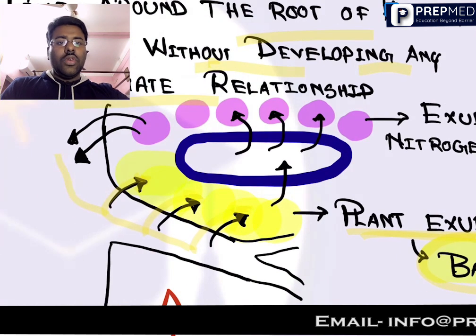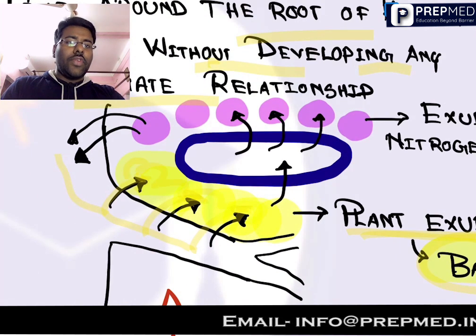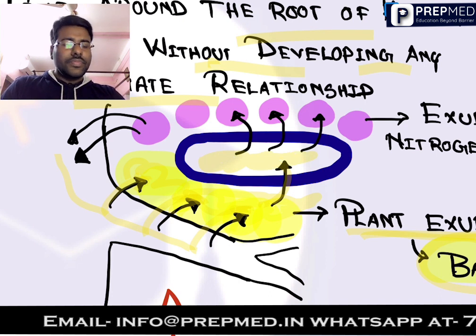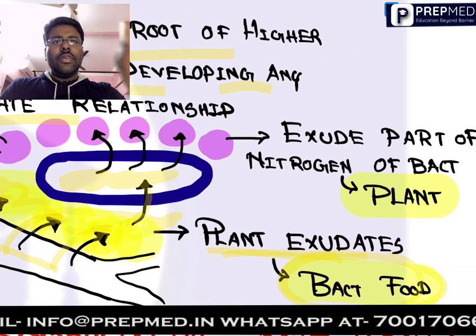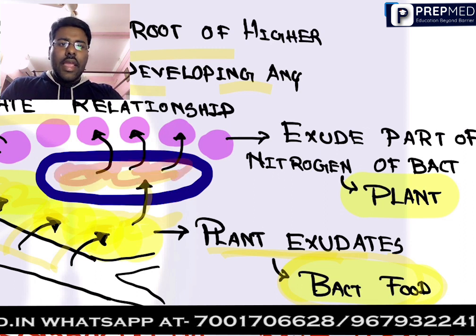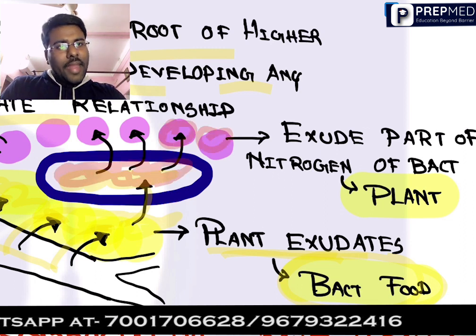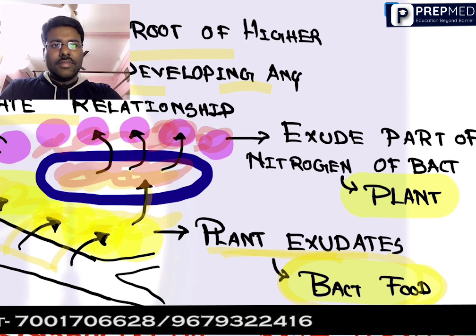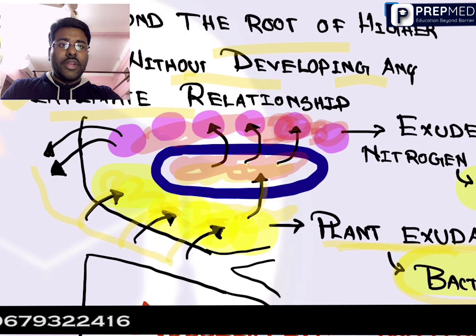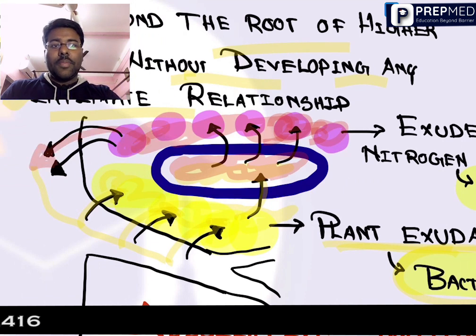The plant exudates are taken up by the bacteria, and the bacteria fix the nitrogen from the air and make nitrogen products. Some exudates of the bacteria, which contain nitrogen, are released from the bacteria and taken up by the plants.